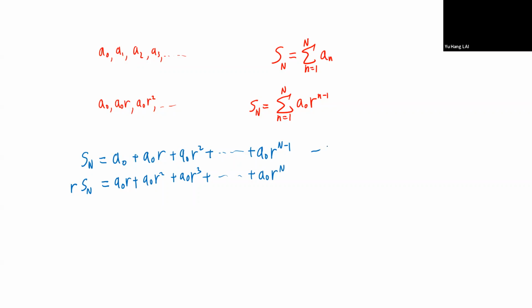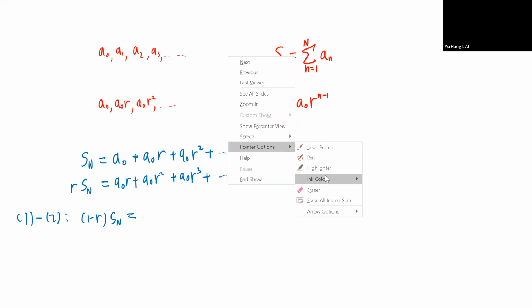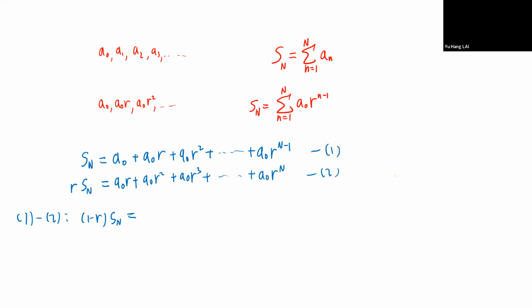Now, if I subtract the two equations, right? So if I do 1 minus 2, then what you have is 1 minus r times Sn equals all the terms on the right hand side, all the terms for 1 minus all the terms for 2. But now you can see that most of the terms will be cancelled.